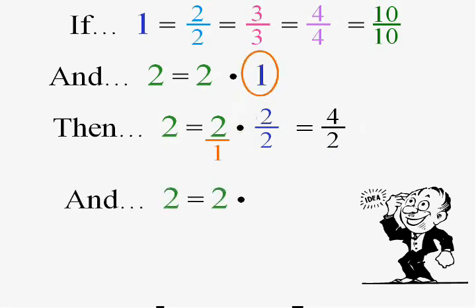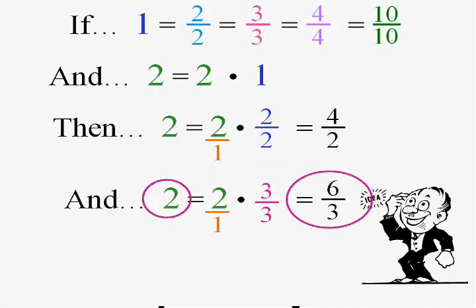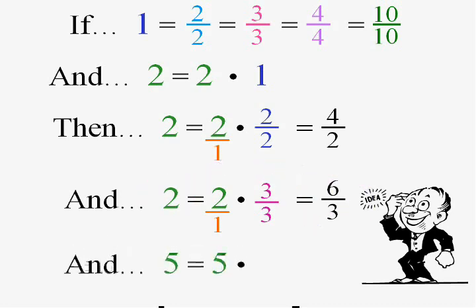Or we could multiply it by 1 in the form 3/3, and once again, it would be the whole number times the denominator over the denominator. We can do this with any number, though, not just 2. If we multiply it by 1 in the form of the denominator over the denominator, it's going to work out as the whole number times the denominator over the denominator.